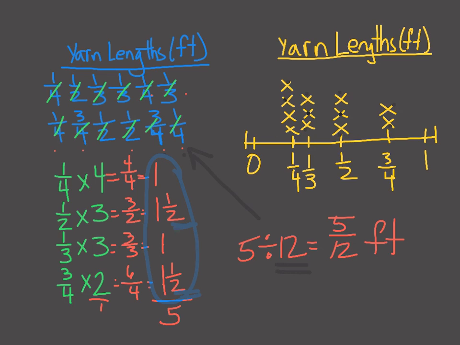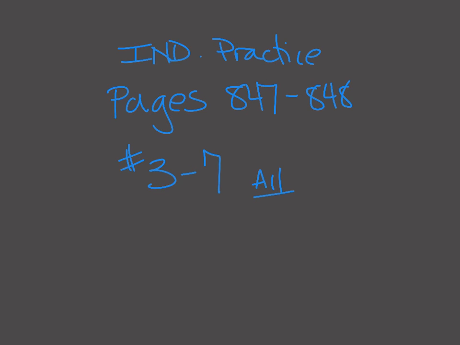All right, so our next thing is to think about our independent practice. Alrighty, so here's your independent practice for today. You are going to be working on pages 847, 848, numbers 3 through 7, all of them, like literally just a few problems, right? But here's something you need to know.